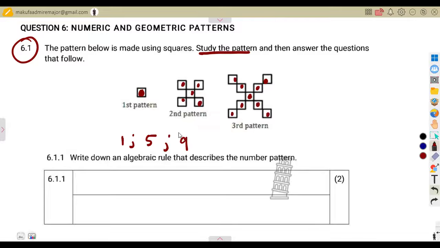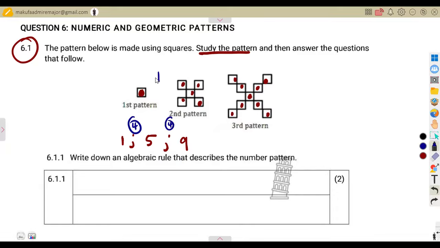From this we can conclude what is happening from the first pattern to the second: it was 1, now there are 5. If I subtract 5 minus 1, there's a difference of 4. 9 minus 5 is also a difference of 4.